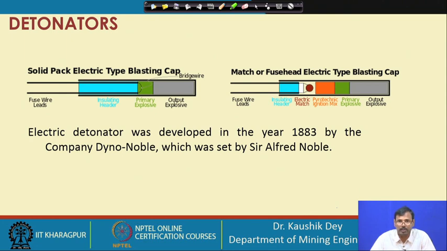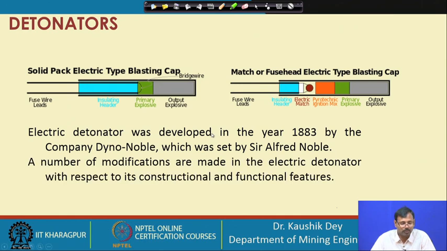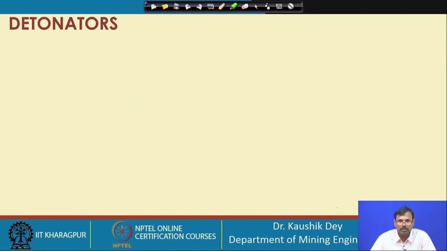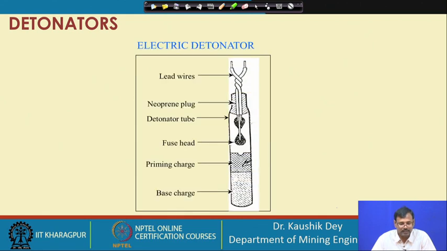So, that much lead wire is used for being in the safe area, but this lacked in one respect: it does not give different blasting times for the different holes. But before going to that, let us see the constructional features.